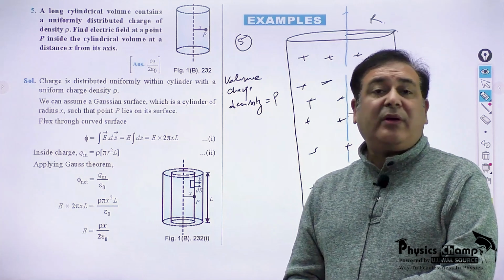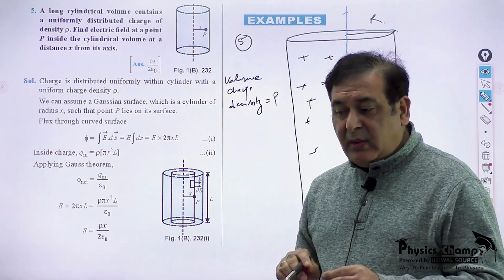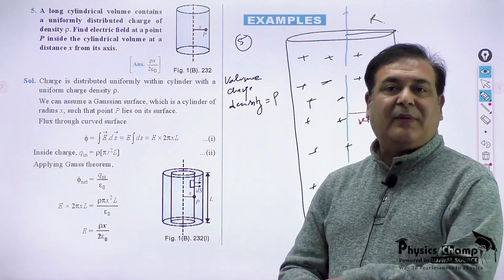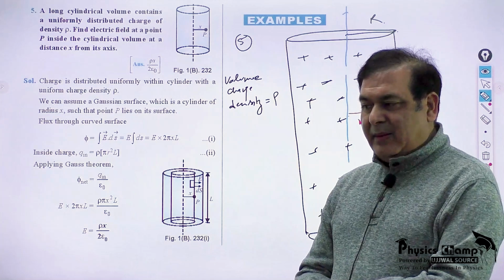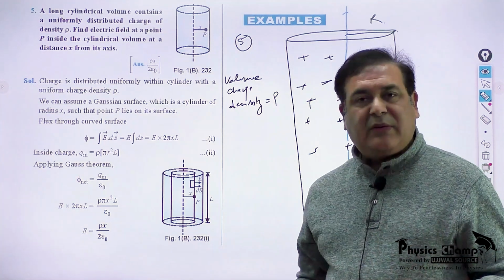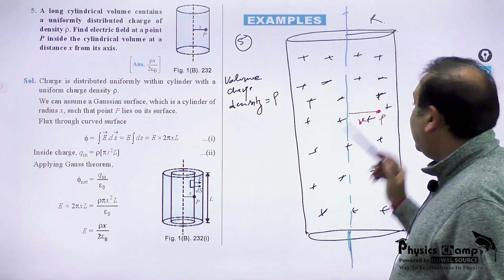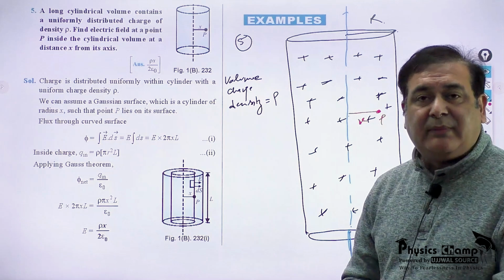Obviously, it is not a case of electric field due to a line charge distribution. It is a different situation where I have to find electric field at a point P inside.